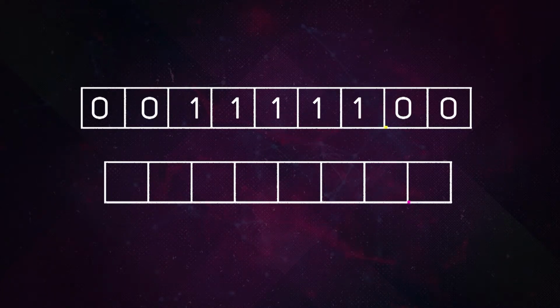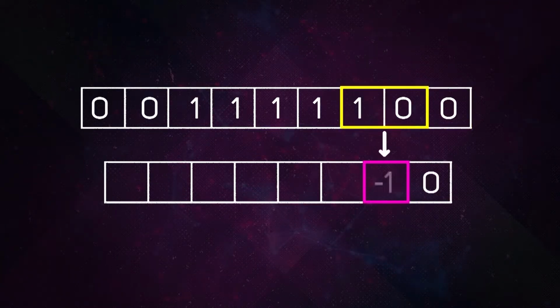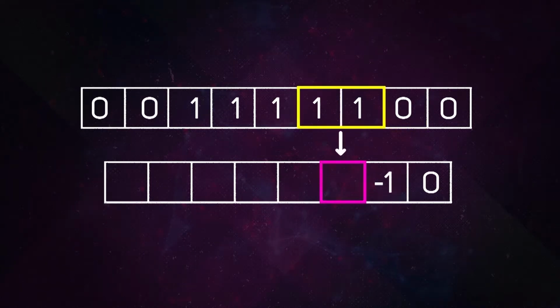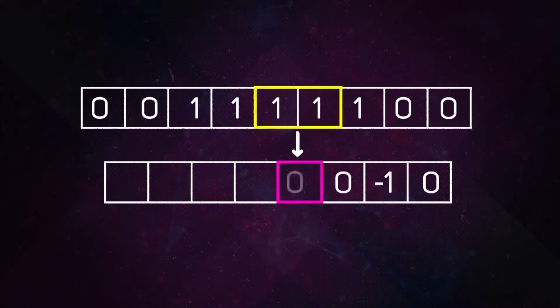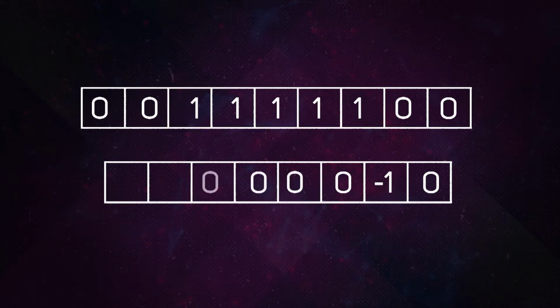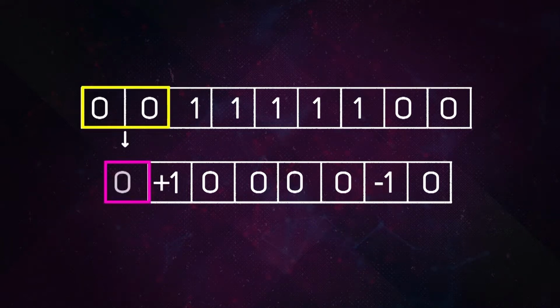Then start pairing: 0 0 we get 0, then 0 1 we get minus 1, 1 1 0, 1 1 0, 1 1 0, 1 0, that is plus 1, and for the last pair 0 0 the recoded value will be 0. Now, the recoded multiplier is 0 plus 1 0 0 0 0 minus 1 0. Zeros in the multiplier just require shifting and no additions. So, the process becomes faster.